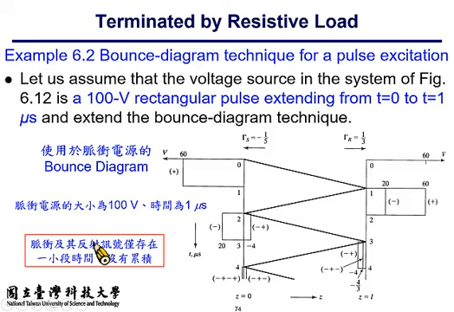So here we look at example 6.2, which shows another example of the analysis of the bouncing diagram. On the other hand, the signal source applied is a voltage source that is only activated between t equals 0 and t equals 1 microsecond. In other words, the voltage source only provides a limited amount of energy onto the transmission line.